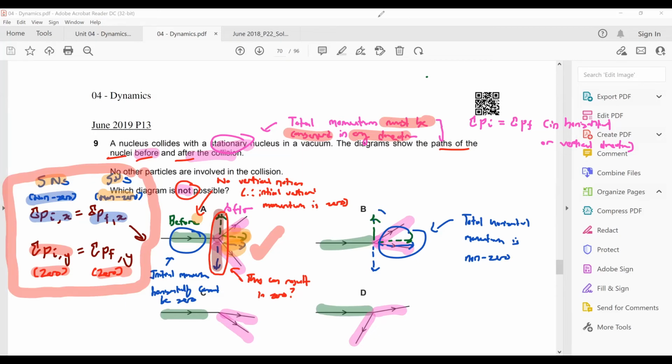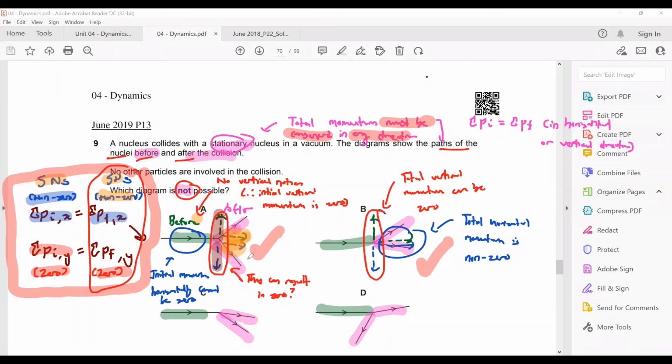And then if I talk about the vertical one, total vertical momentum can be zero. So either way, I will still be able to satisfy this condition after collision. So B can also be possible.